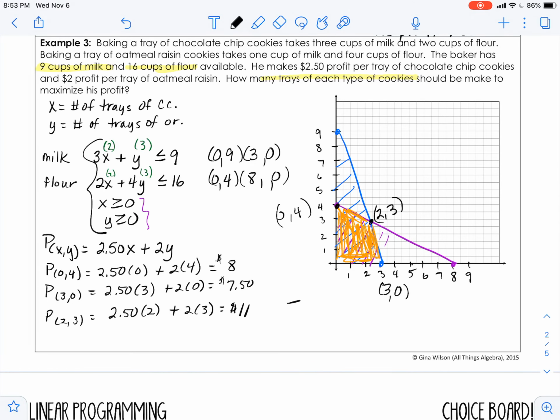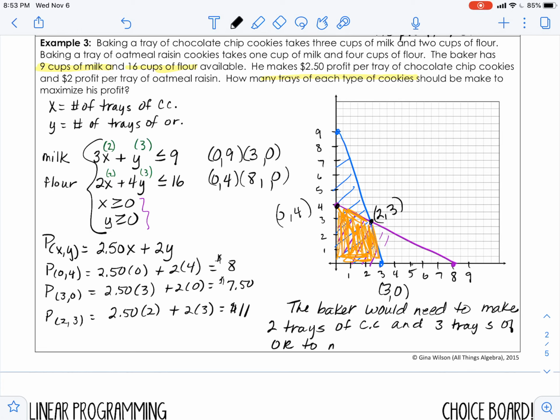The baker would need to make 2 trays of chocolate chip and 3 trays of oatmeal raisin to make a profit of $11. Okay, so if they're going to get rich, they're going to have to make a lot of trays.